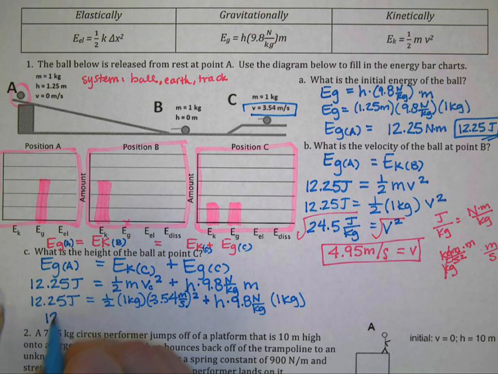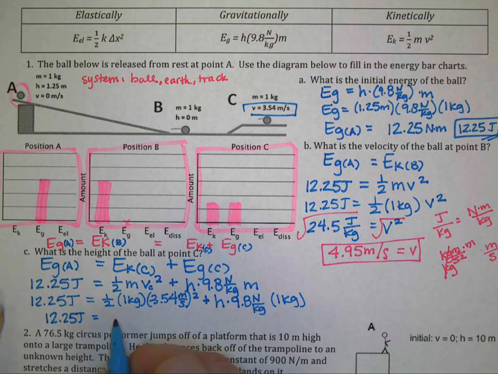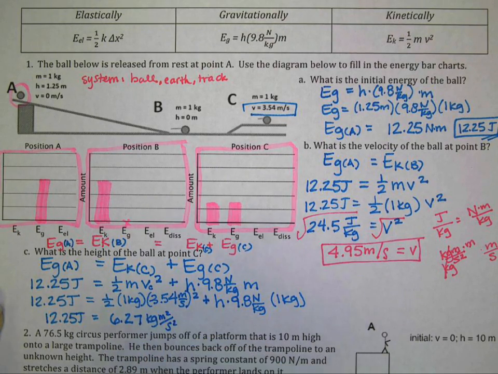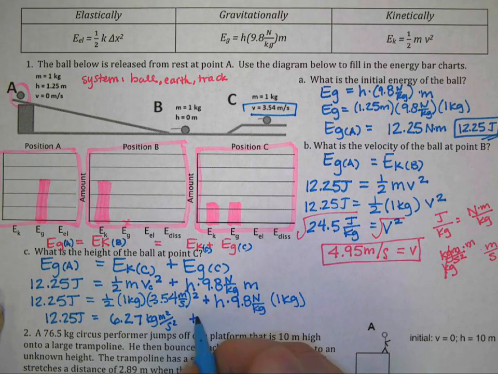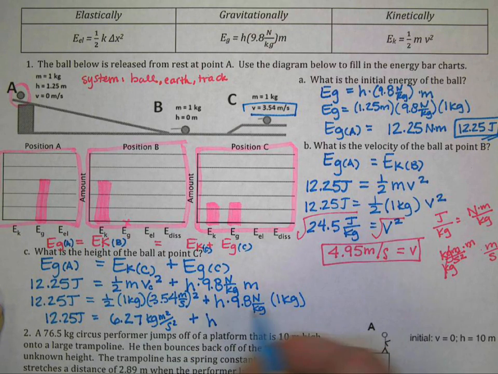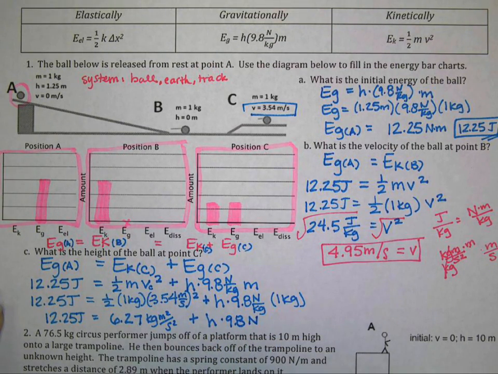Coming down with that, 12.25 joules is equal to 6.27 kilograms meters squared over seconds squared, plus the height times 1 kilogram times 9.8 newtons per kilogram, which would be 9.8 newtons. The kilograms cancel.